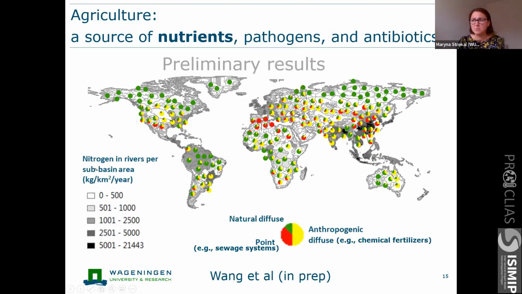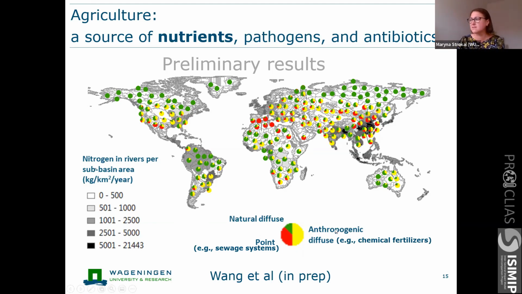And this is the map that shows nitrogen in rivers per sub-basin area, so kilogram of nitrogen per square kilometer of the basin per year. And the background color is from white to dark black, and more dark, more nitrogen in the river. And the pies, they show the share of the sources in nitrogen pollution.